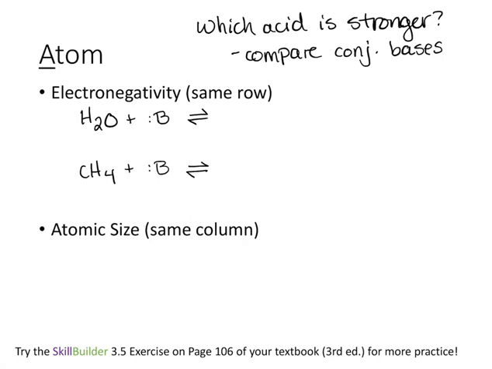Okay, so let's figure out the products for these reactions. So for water, we already saw that we would end up with the hydroxide ion and the conjugate acid. And then for methane, we've seen previously that it would give up a proton to form CH3 minus and a conjugate acid.